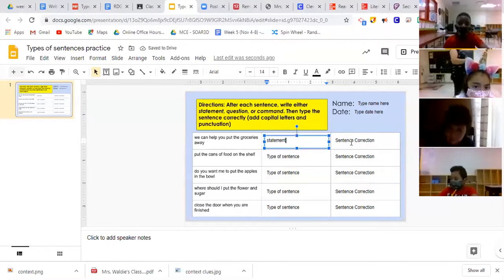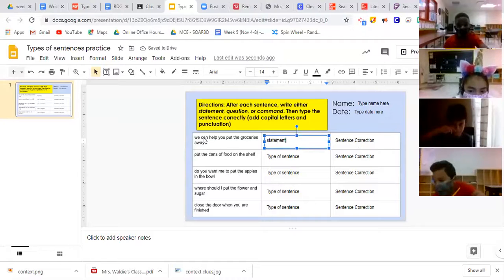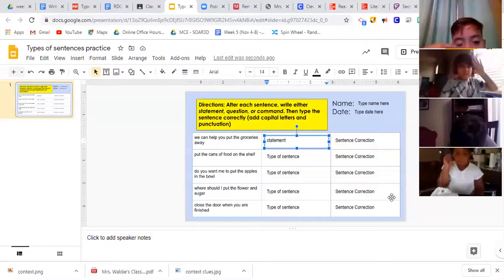Now, it wants you to fix the sentence. So notice the sentence does not begin with the capital letter and it does not have a punctuation. So if you go back to our notes, remember, if it's a statement, who knows what punctuation we are going to put? Go back to our notes. If it's a statement, what are we going to put, Chokayla?